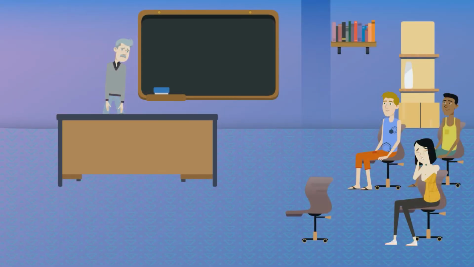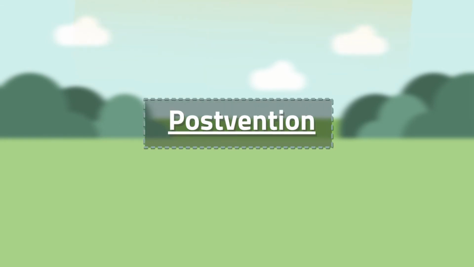If a suicide does occur, how a campus responds to that death can have a significant impact on other students who may be at risk for suicide, as well as on the overall emotional health of the campus. Thus, a campus must have a good postvention plan in place, well before a death occurs.